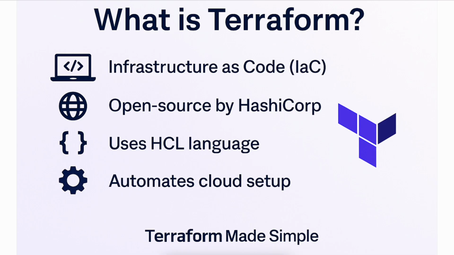You write these definitions in HCL, the HashiCorp configuration language, and Terraform automatically provisions the servers, networks, and databases you describe. That's why we say Terraform turns your infrastructure into code. It's repeatable, consistent, and easy to version control.